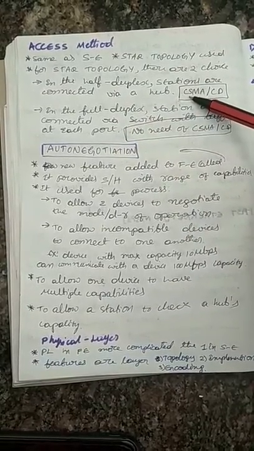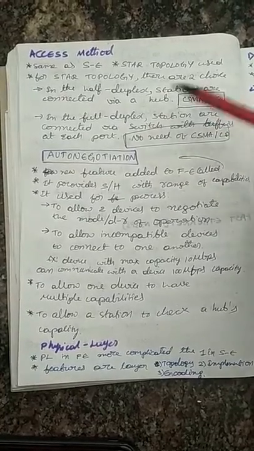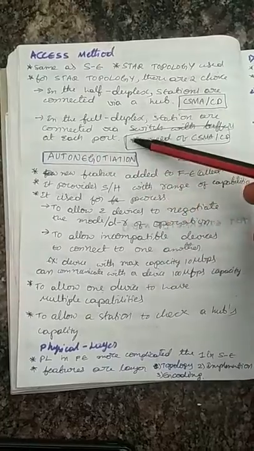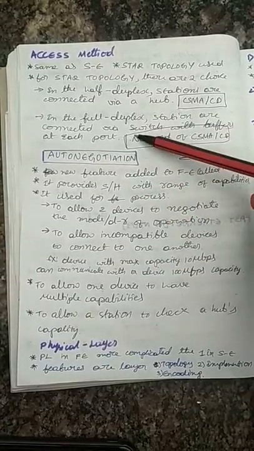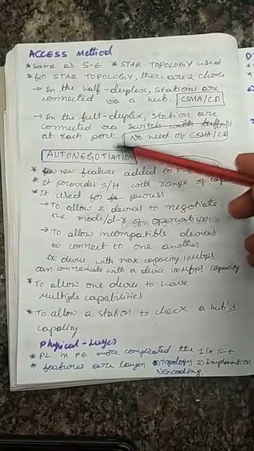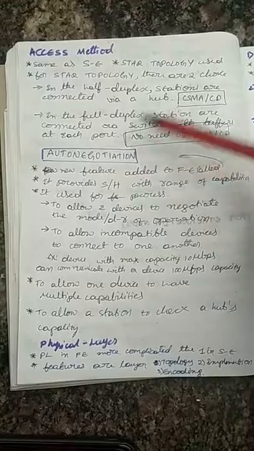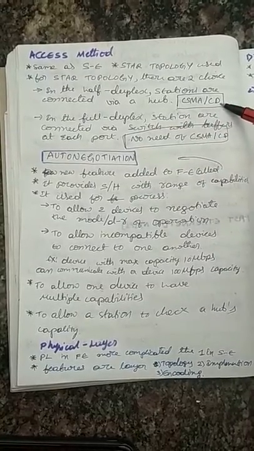Here we need CSMA/CD. In full duplex, stations are connected via a switch with a buffer at each port. Means instead of a hub, you are using a switch. In half duplex, yes, CSMA/CD is needed.